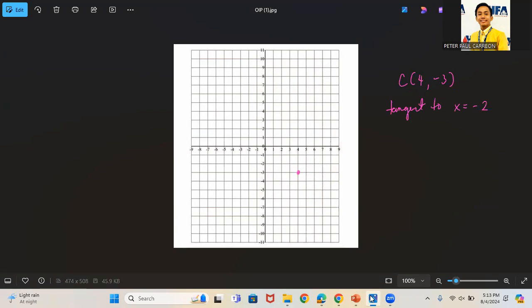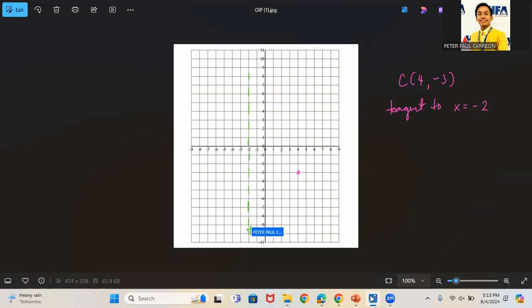But this time, let me draw first. How do we represent the line x = -2? We just go along the x-axis. So the graph should pass through this line. You see the dotted line I am illustrating.